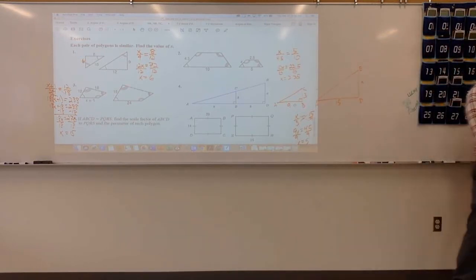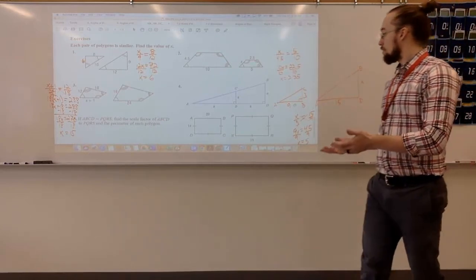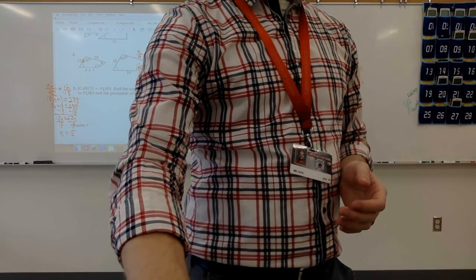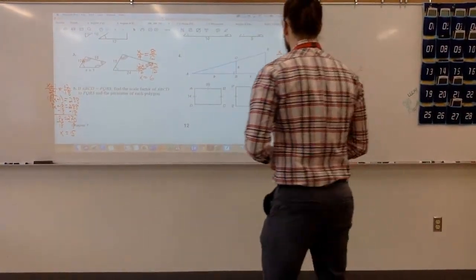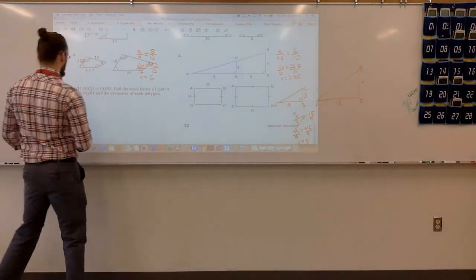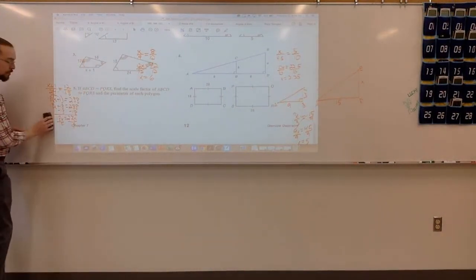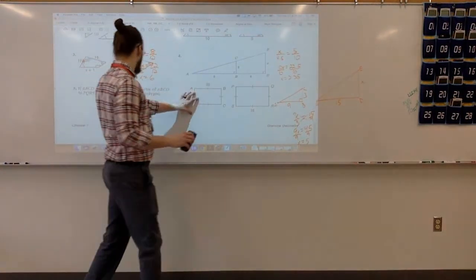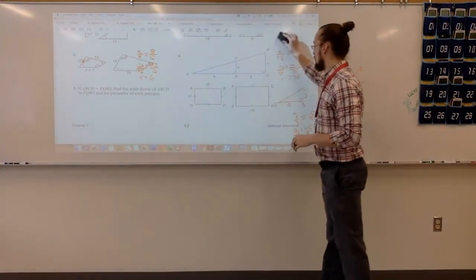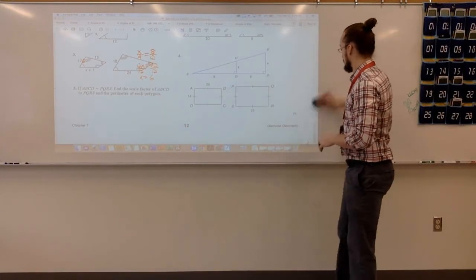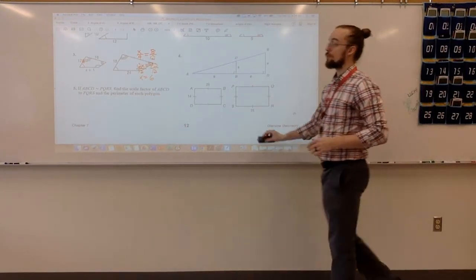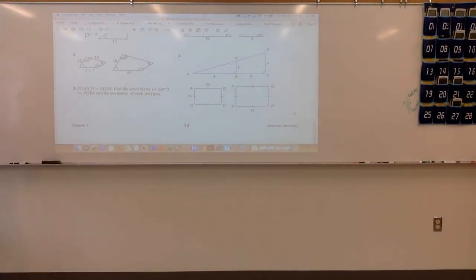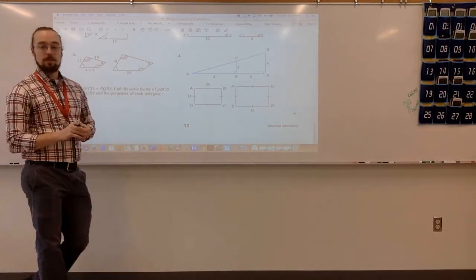Questions? So then, one final example on here. We're told that these 2 quadrilaterals are similar, and I want to first find the scale factor of ABCD to PQRS, and then find the perimeter of each polygon. Okay, so first, to find the scale factor, what we can do is just look at a pair of corresponding sides.